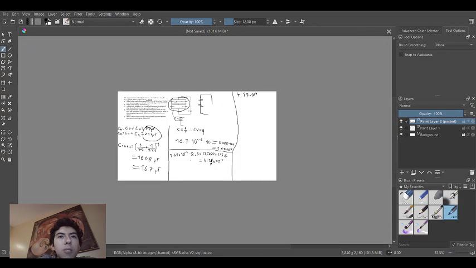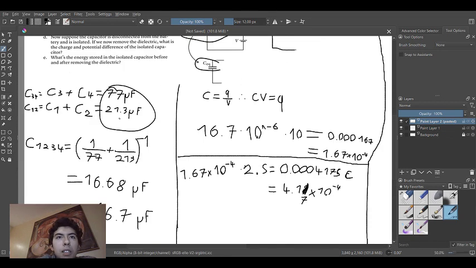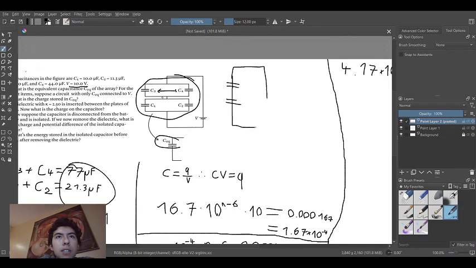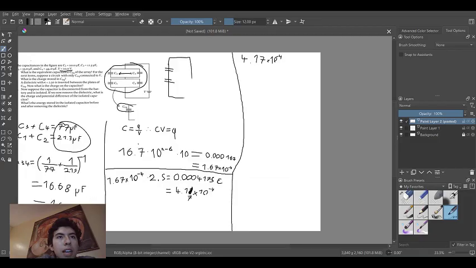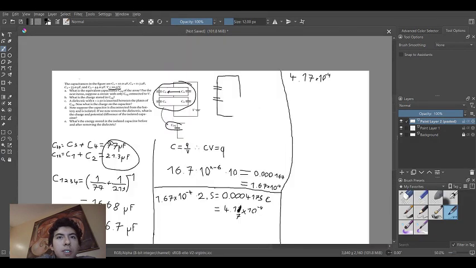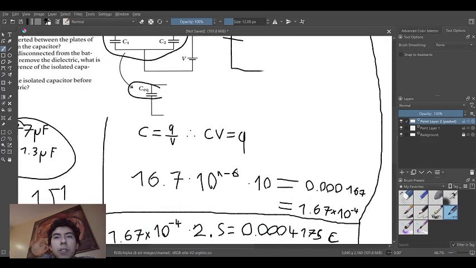But what does change is the voltage. The voltage changed and the capacitance is going to go back because we removed the dielectric.